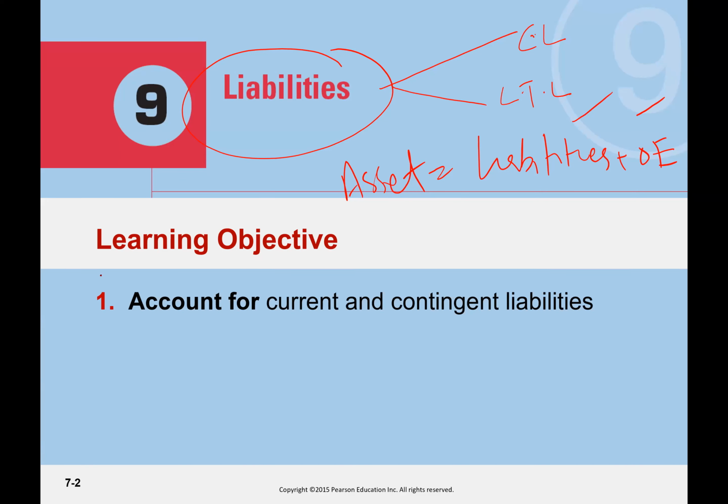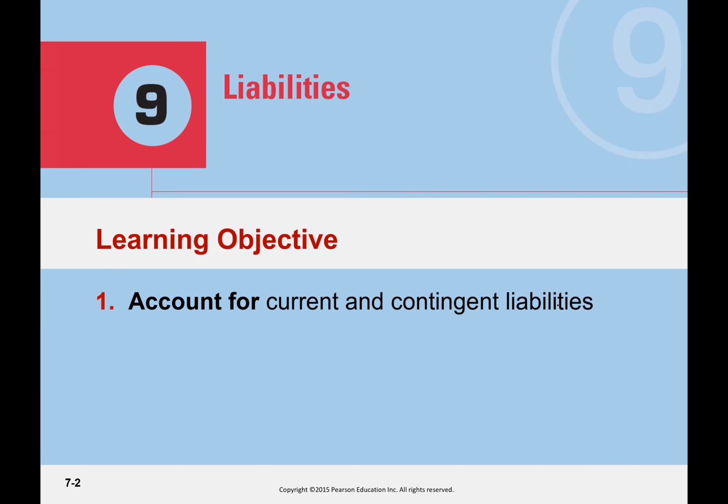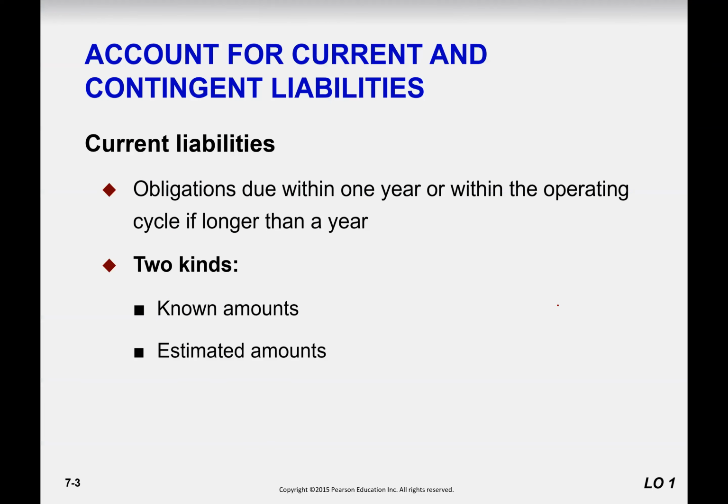Our first learning objective is to account for current and contingent liabilities. So let's start. There are two categories of current liabilities: liabilities with known amounts and liabilities with estimated amounts.